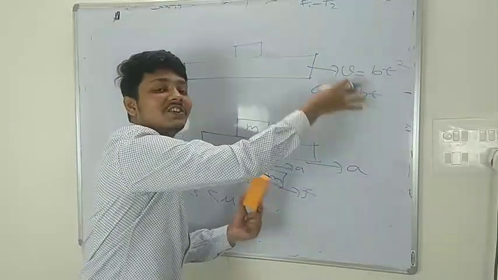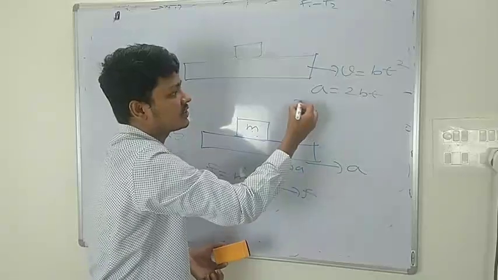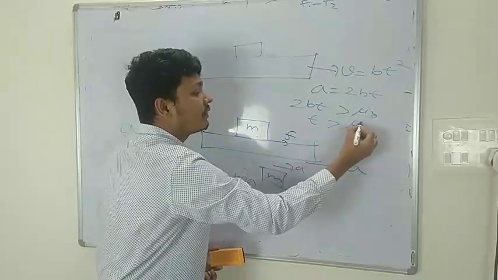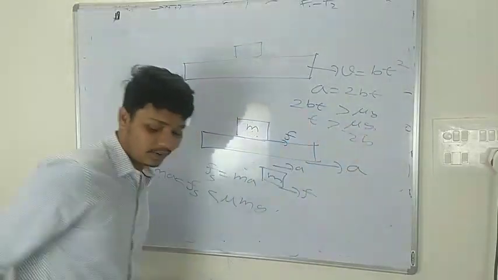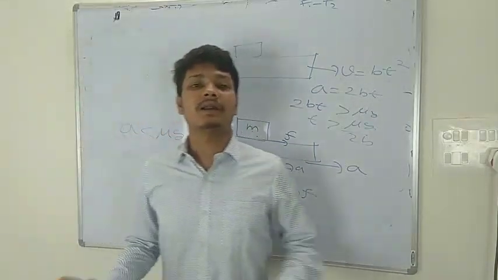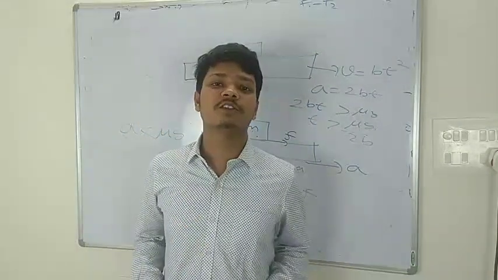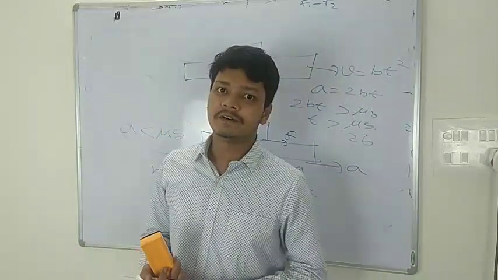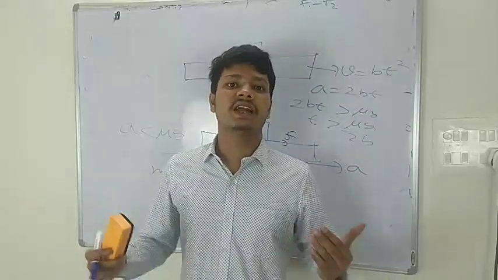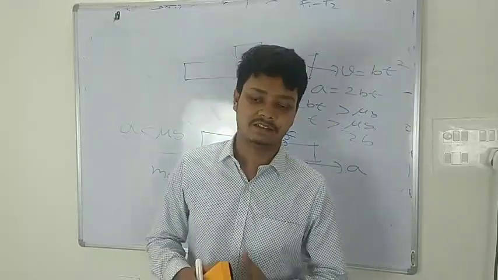When this acceleration is greater than mu g, then relative motion will start. So when 2bt is greater than mu g, the time you can calculate is mu g by 2b, then relative motion will start. Next, 1B students, if you are present, for you guys also I will take live classes tomorrow. Tell me which topic you want in your comment box and I will take live classes like this.